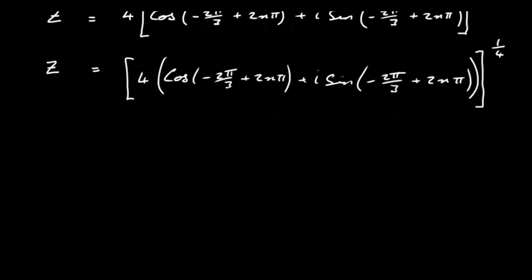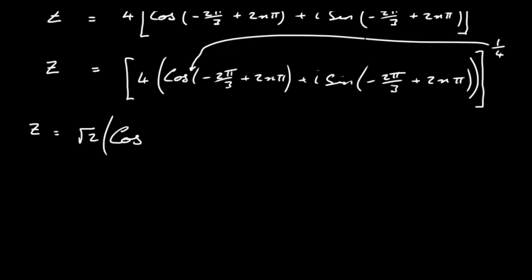Okay, so what we're going to do next is just use de Moivre's theorem. So our z is going to be equal to 4 to the power of a quarter, which is root 2. De Moivre's theorem allows us to take the power and bring it down and multiply it by the angle.